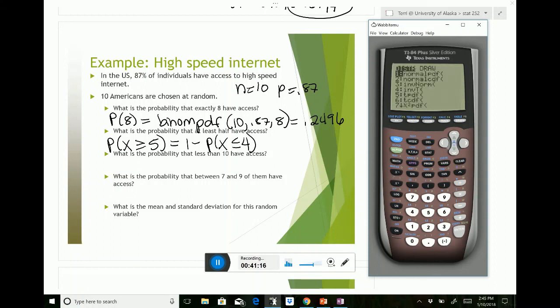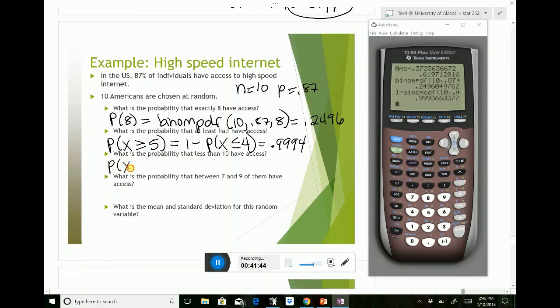Second distributions, now I can go alpha B. And trials, again, 10, 0.87 and 4. And I did the 1 minus already, so I have, ooh, that's a lot, 0.9994.